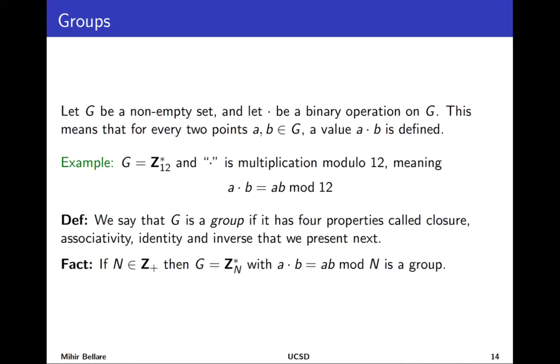The fact that we'll have coming out of this, and which we will use a lot, is that certain sets are examples of groups under certain operations, and specifically integers mod n relatively prime to n, Zn star, is a group when the operation is defined as multiplication modulo n. So take 2 integers in the set Zn star, form the integer product, but then what you return is the remainder of that when you divide by n. And we'll see why that's a group and later why that's useful.